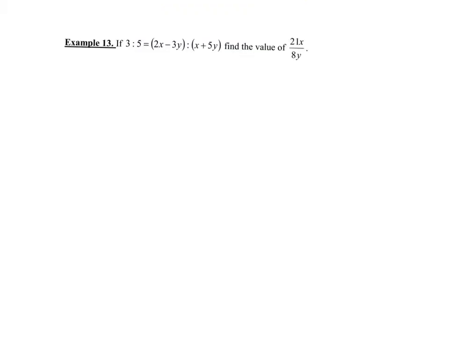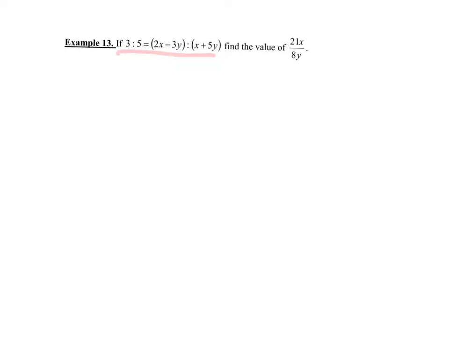Question number 13. Oh, this looks complicated. If they tell me that 3:5 is equal to this particular ratio, find the value of 21x over 8y. Before I even go there, let us try to interpret what this whole thing is talking about.